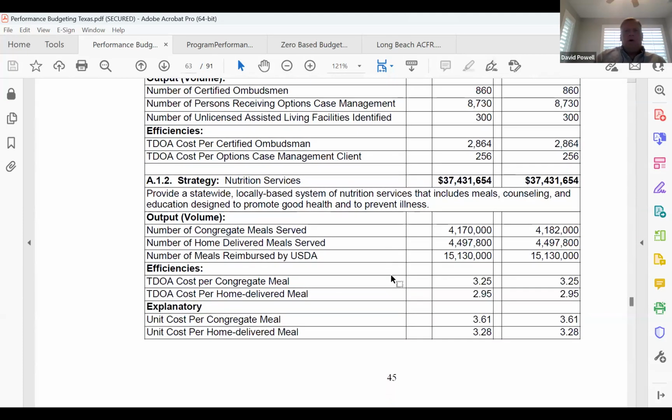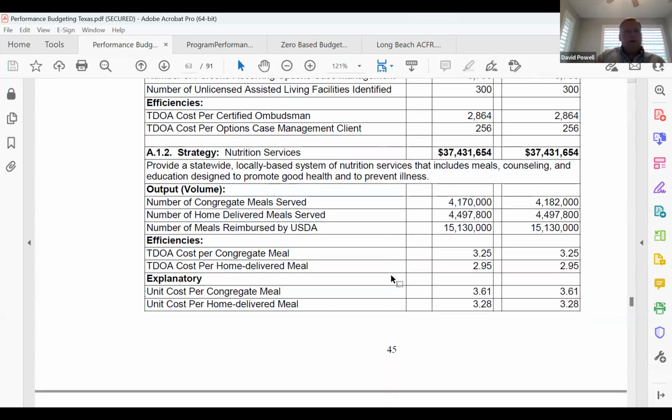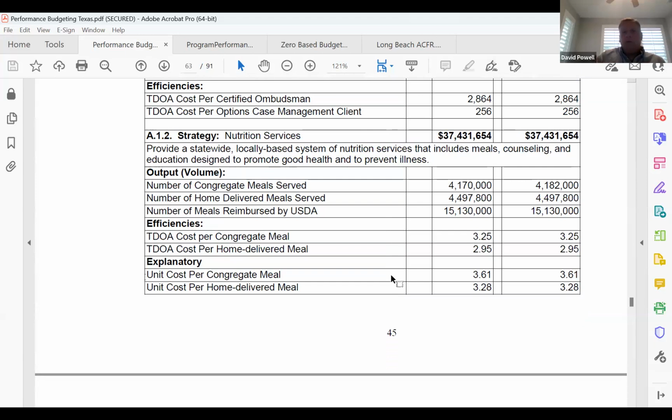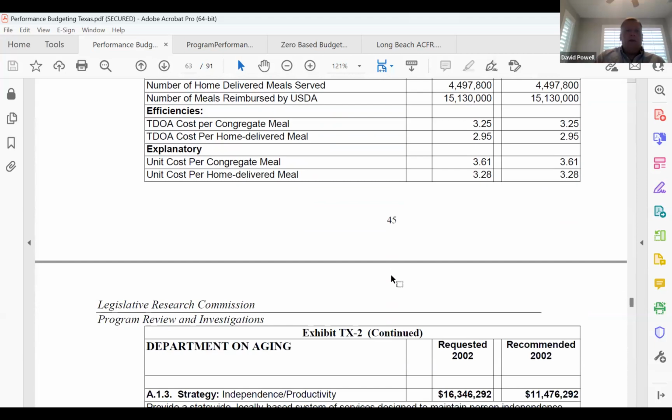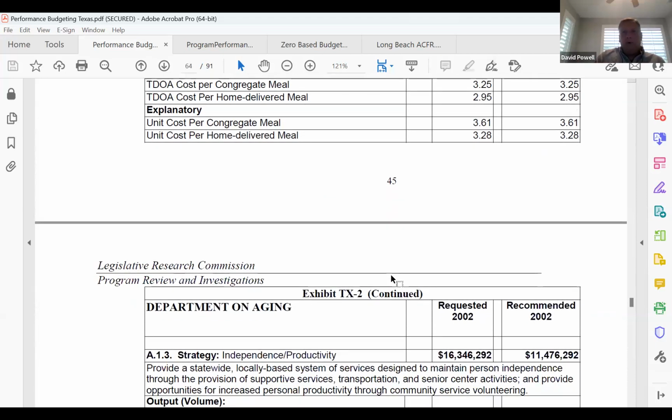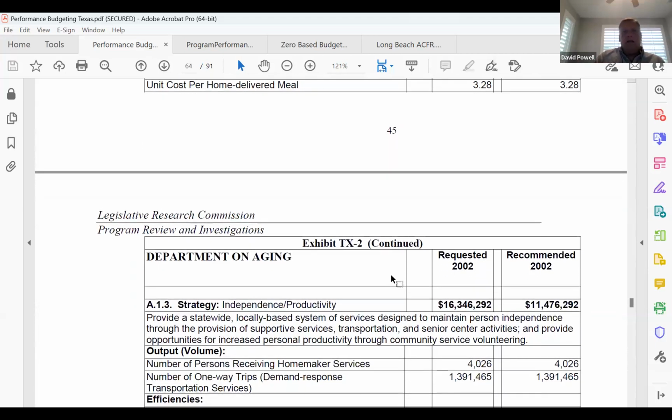And so as you can see, what we're doing is we're really breaking this budget down into some very specific indicators of what we're spending the money on, indicators of efficiency in terms of cost for each unit of what we're spending our money on, and then a listing of the outcomes and the outputs that we are hoping to achieve.